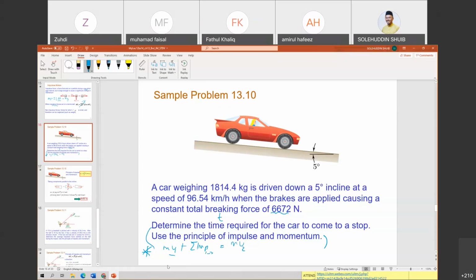We have a datum here. Going down is positive this way, and going up is negative, on a 5 degrees incline.